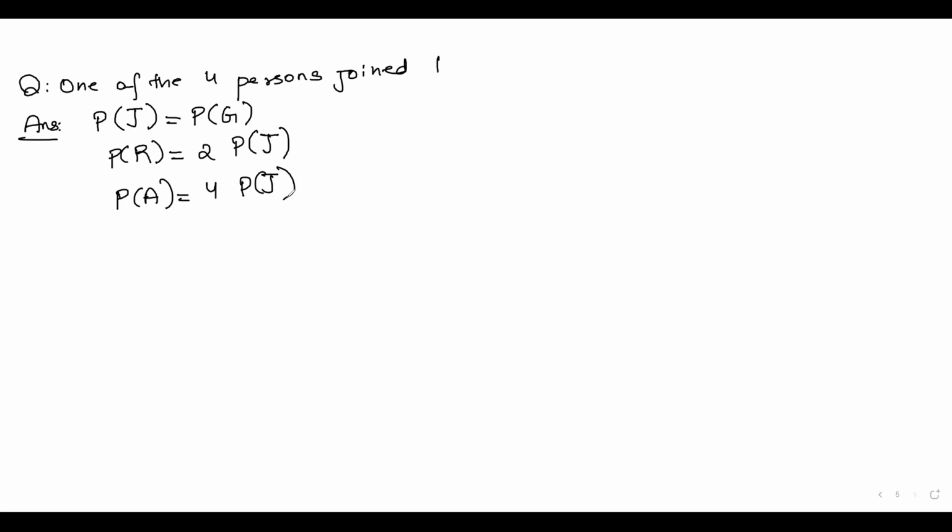Now, first of all, tell me one thing: if I add the probability of John with Gurpreet, with Rita, and with Aslam, then what is the sum of this probability? What is the total of probability?